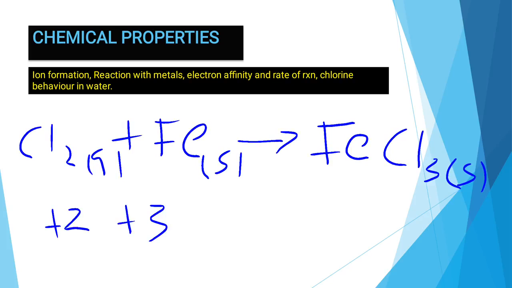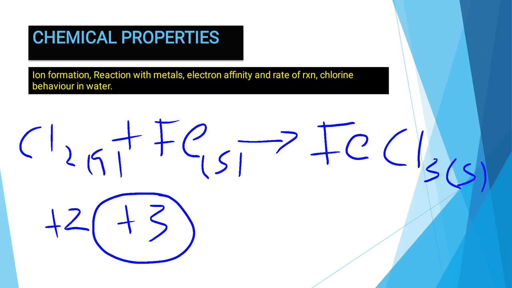But due to the high affinity of the halogens, when chlorine is reacted with iron, it is able to get the maximum number of electrons that iron can give. As a result, the chloride of iron is never iron 2 chloride, but iron 3. Right? That is for chlorine.